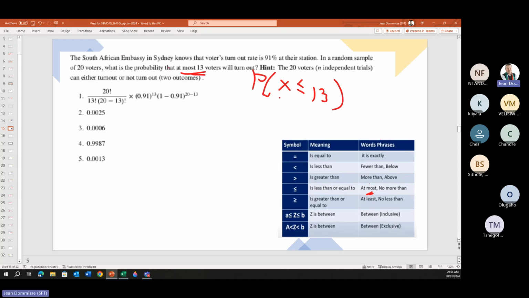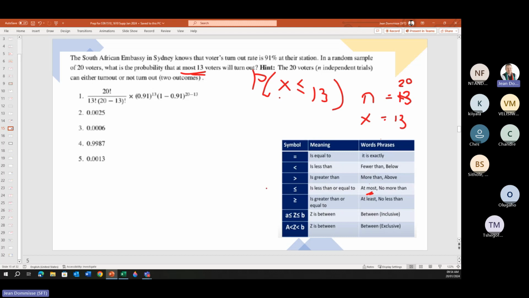Hint, the number of voters: n is 20, and x will be equal to 13.